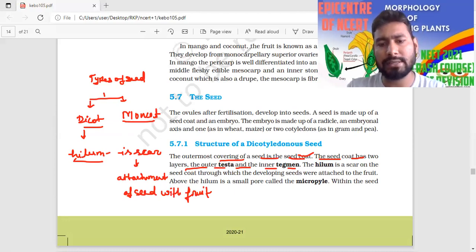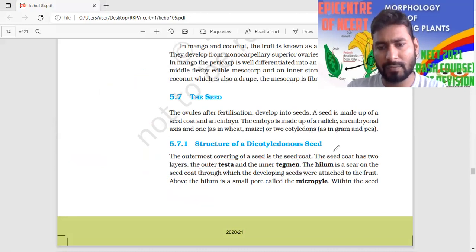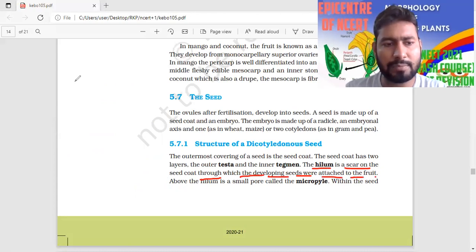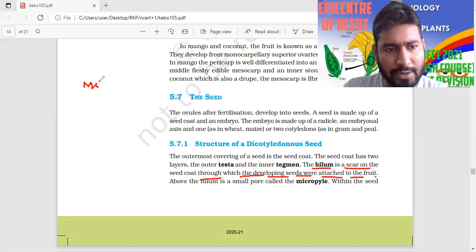Now you can read this sentence and clear your concept. The hilum is a scar on the seed coat where the developing seed was attached to the fruit. Above the hilum, they have also given one important point, which is known as the micropyle.